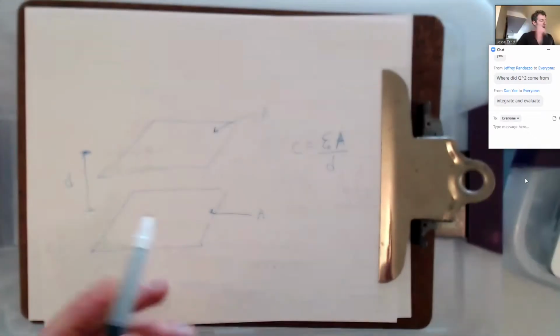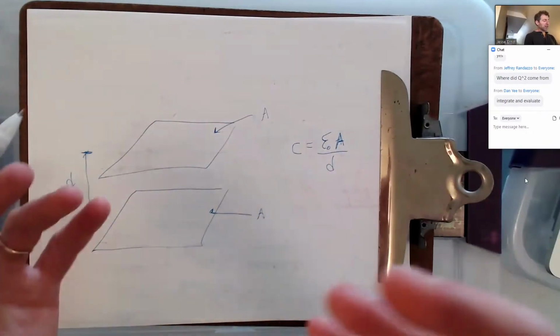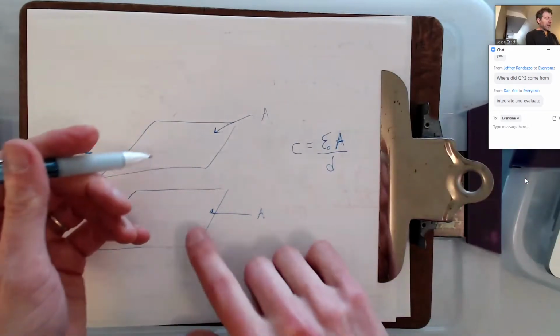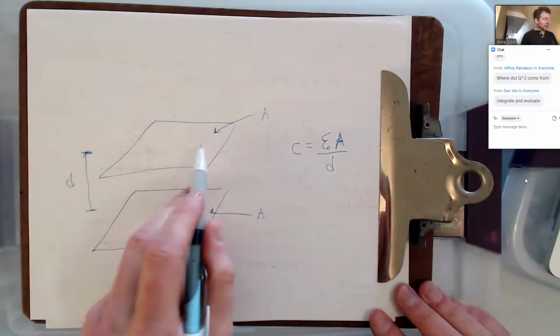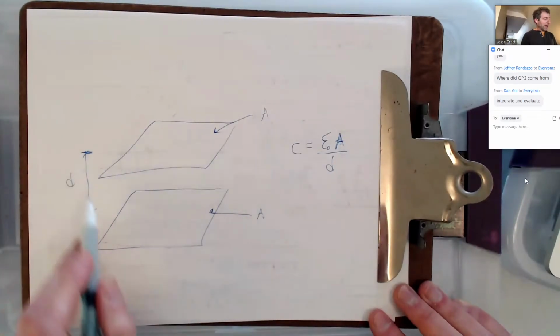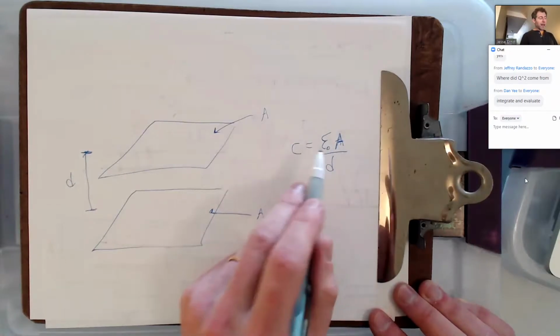So you don't have to know anything about how much charge, or whether the charges are equal, or what the voltage is. This is just a number that depends on how big these plates are, how far apart they are, and a constant of nature.